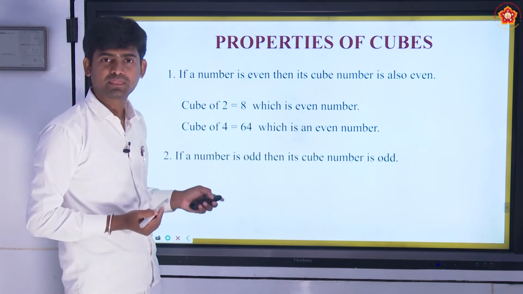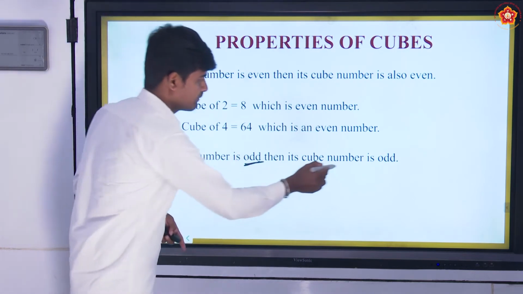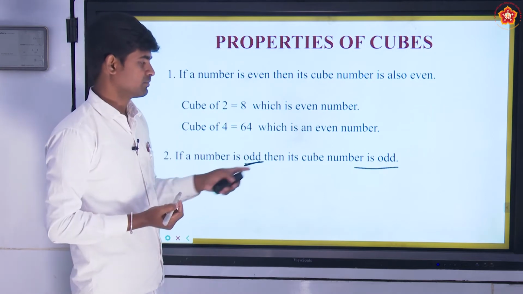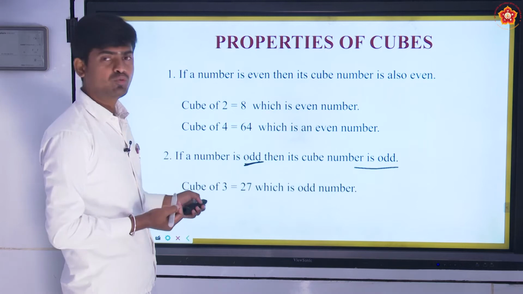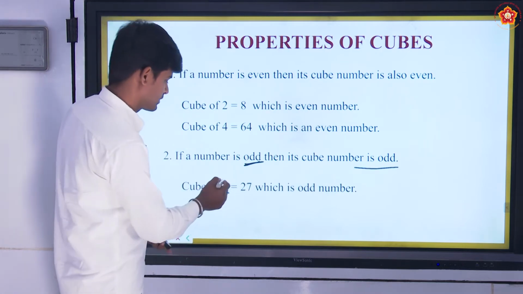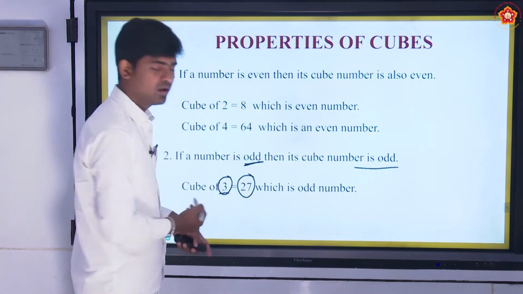Next, if a number is odd, then its cube number is also odd. Is it right? Cube of 3 is 27. You all know that 3 is an odd number, and 27 is also an odd number.